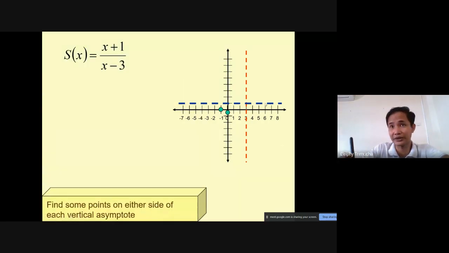So here it is on our graph, our horizontal asymptote.